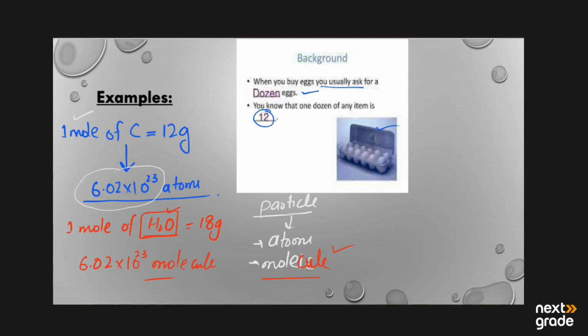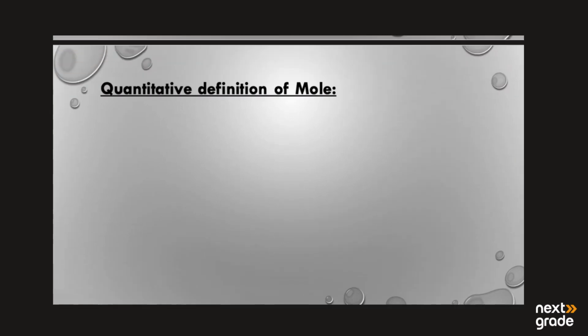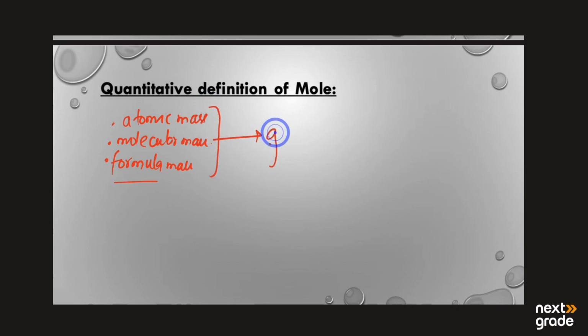When we talk about the quantitative definition of the mole, as given by scientists, a mole is the atomic mass, the molecular mass, or the formula mass of a substance when these masses are expressed in grams.